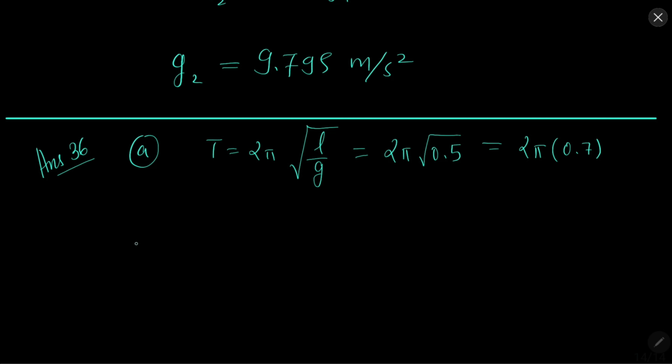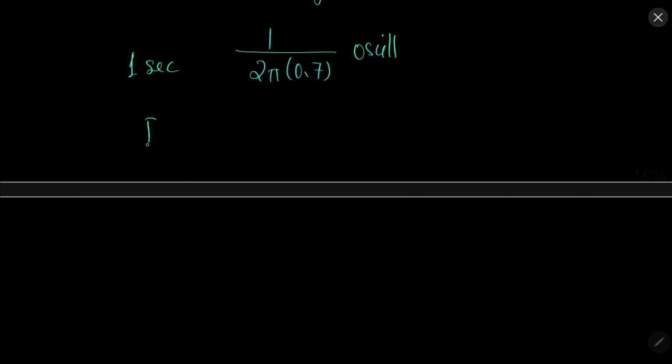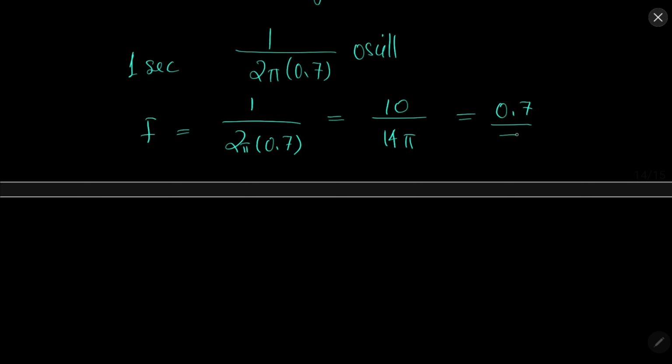So this is for one oscillation. So in 1 second, 1 over 2 pi 0.7 oscillations will be done. So frequency is 1 over 2 pi 0.7, which can be 10 over 14 pi or 0.7 over pi hertz.